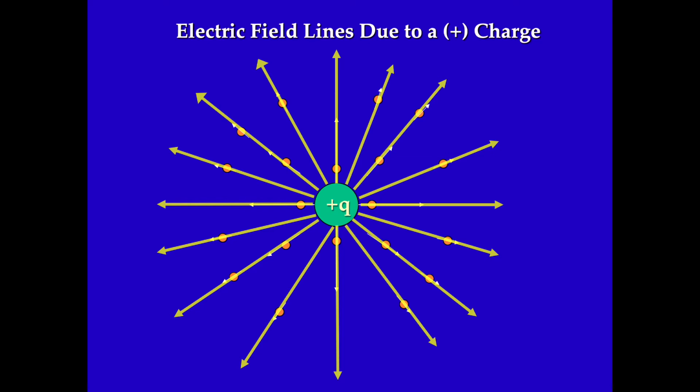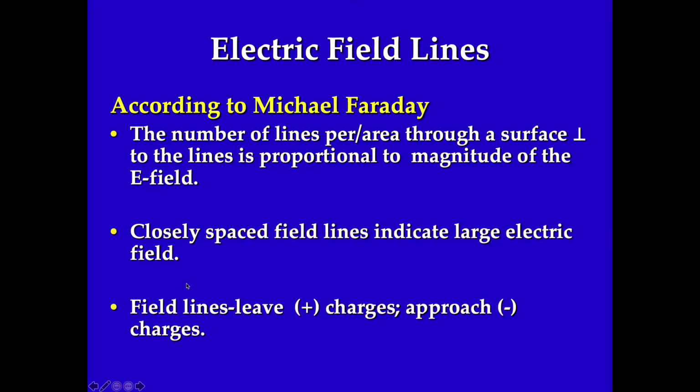If you think about it in terms of electric field, as you get closer and closer to the source, the electric field gets bigger, and the field lines get bunched together. As you move further and further away, the field lines spread out, meaning that you have a smaller field. That's the idea that Michael Faraday used.